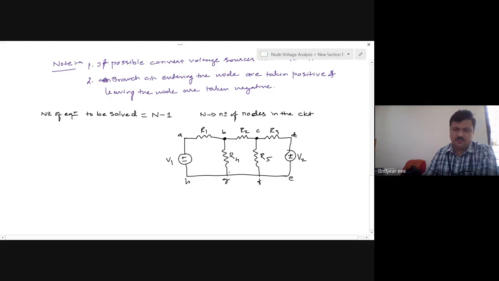Also, to this node there is a common negative connection of the battery terminal, so we can use that. By observation itself, we will get to know that if I choose this as the common node, or a reference node of 0 volts, it will be advantageous.